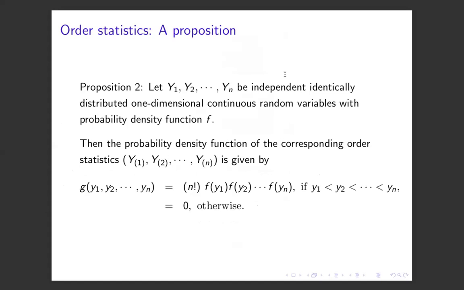If the Yi's are IID, that is independent, identically distributed, one-dimensional, continuous random variables, and suppose F is their common PDF, then the PDF of the corresponding order statistics is given by n factorial times F evaluated at y1, y2, ..., yn, if the yi's are strictly in increasing order, y1 strictly less than y2, etc., and zero outside of that region.